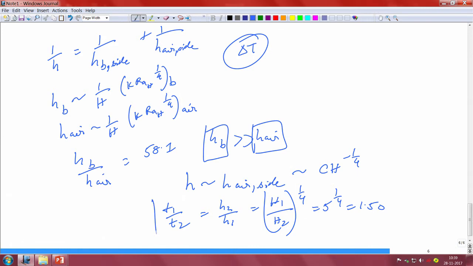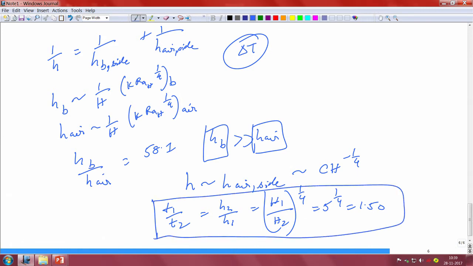That is all that it means, right, just through simple scaling argument. What we have done is basically you have converted the heat transfer coefficient ratio into a geometric height ratio. That is all that we have done over here by arguing that h_b is much greater than your h_air. Okay. So, therefore, the h is governed by the air side, right.